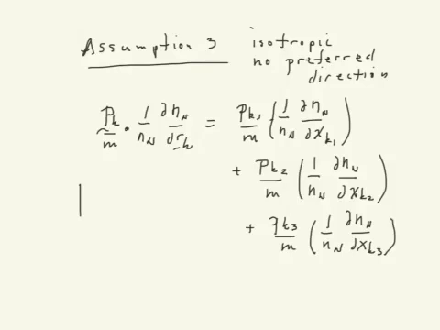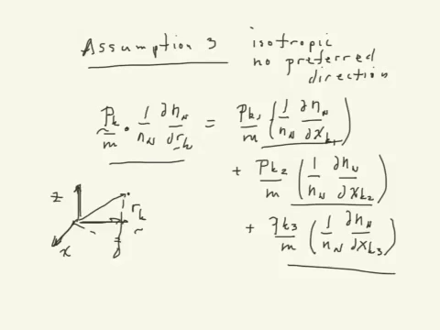If the system is isotropic, then here's the locator vector to this molecule, and it has each of the three components that we could identify. And if there's no preferred direction, then the contribution of each of these terms should be the same.